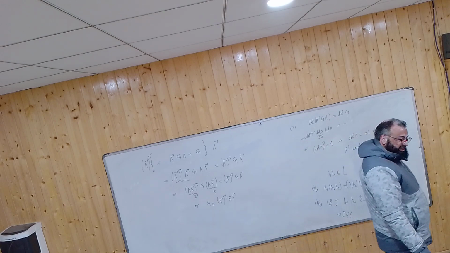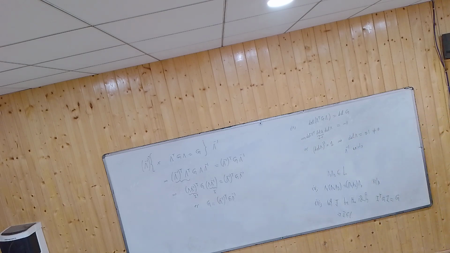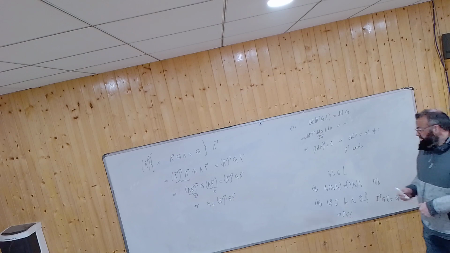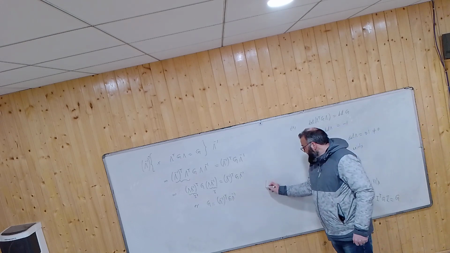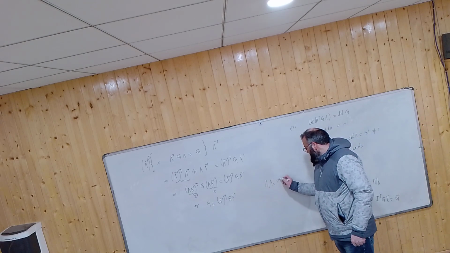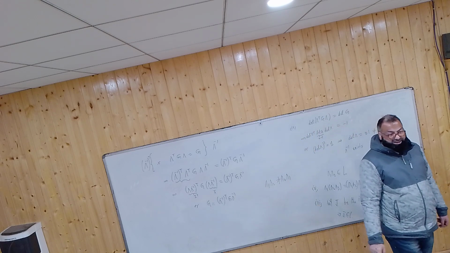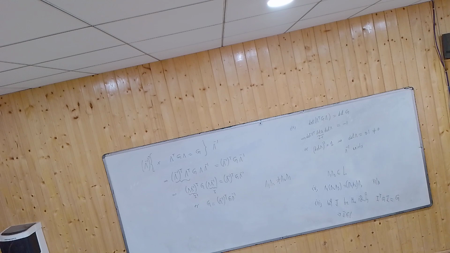So what we have proved is that the set of matrices which follow the condition lambda transpose G lambda equals G form a group, and we call this group the Lorentz group. In general, lambda 1 lambda 2 is not equal to lambda 2 lambda 1, so it's a non-abelian group. Clear? So everybody has got the idea of the Lorentz group?